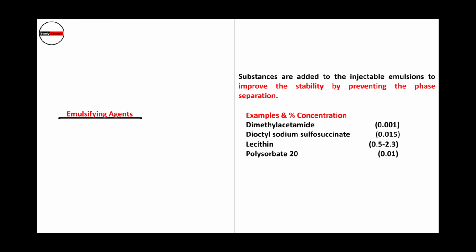Dimethyl acetamide, the concentration is 0.001%. Dioctyl sodium sulfosuccinate, concentration is 0.015%. Lecithin, concentration is 0.5 to 2.3%. Polysorbate 20, concentration is 0.01%.